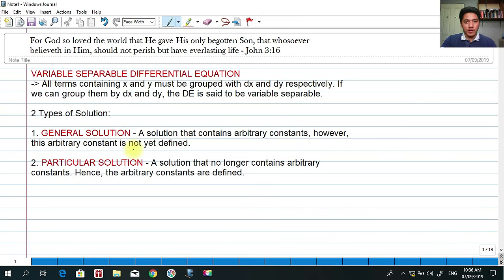A particular solution is a solution that no longer contains an arbitrary constant, meaning the constant is now defined. It already has a value, which you have computed given a certain condition in the differential equation.